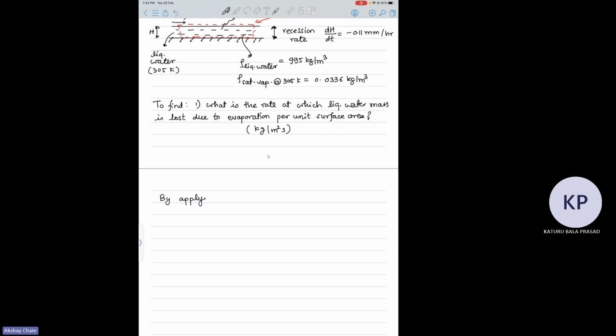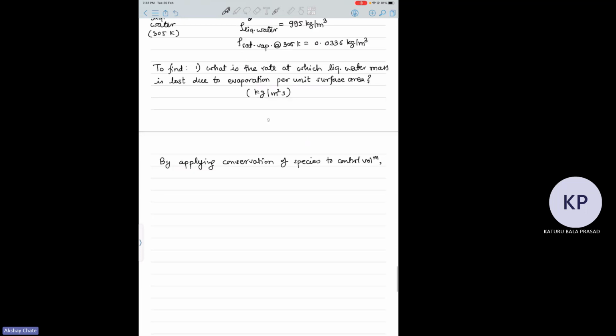So by applying conservation of species to the control volume, we can write: the rate at which liquid water evaporates is equal to the rate at which the volume of liquid water decreases.